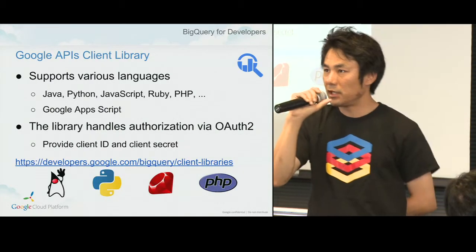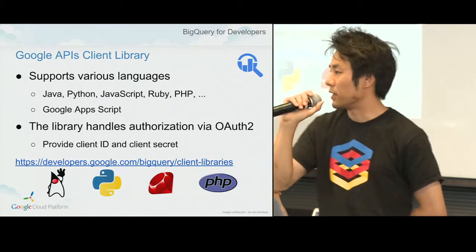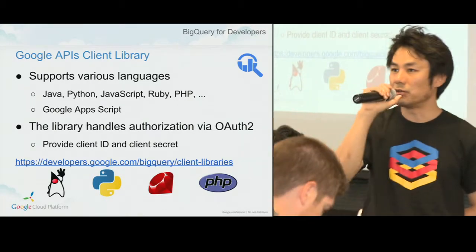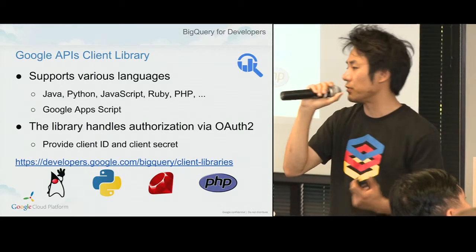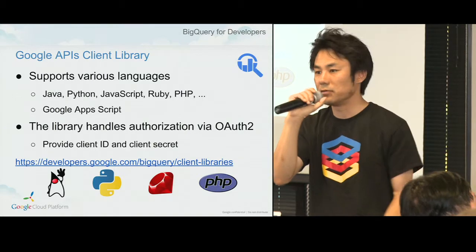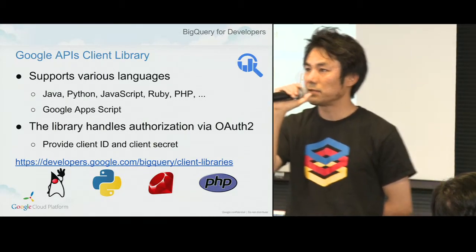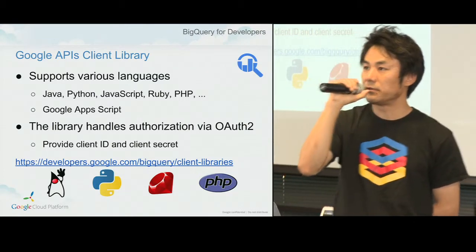The second way is API's client library. This is a common library to access many of the Google services, including BigQuery or Compute Engine or Google Calendar. I think we use Google Calendar access for our lab on App Engine. And it supports various languages, not only Java and Python.